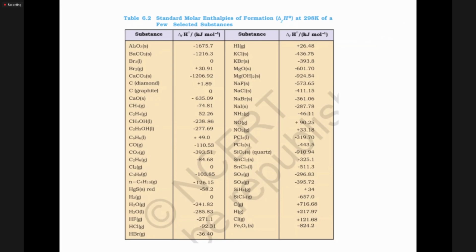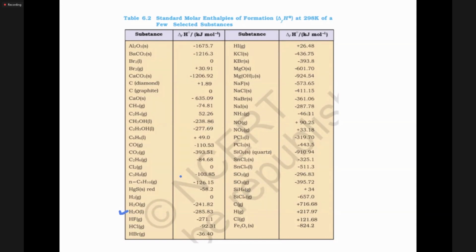Here the ΔfH° of H2O liquid is given as minus 285.83 kilojoule per mole. If we search here, we will get the Fe2O3 value too.